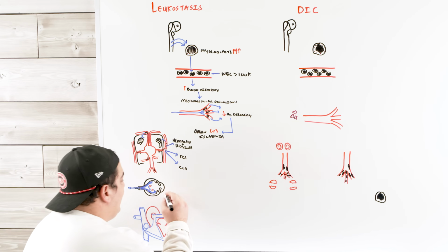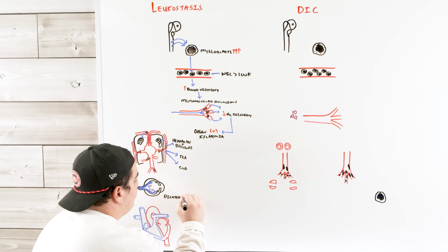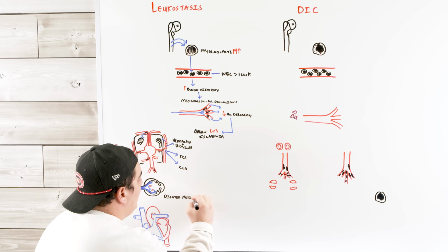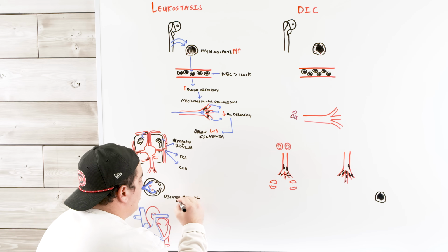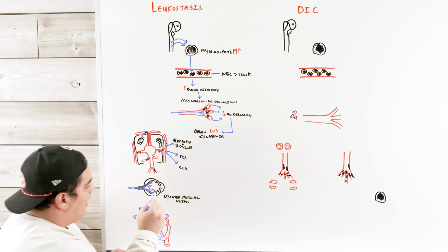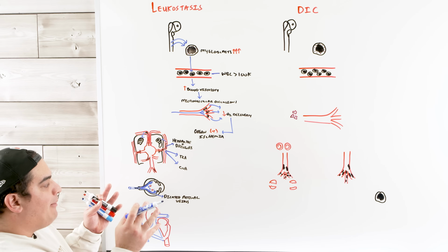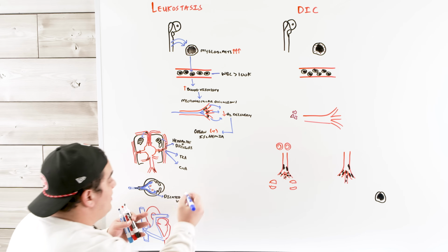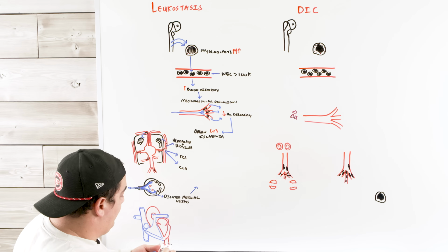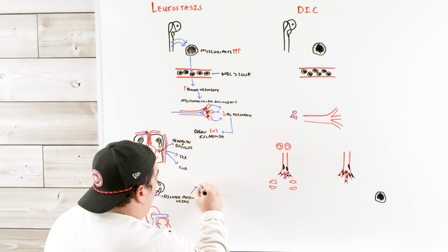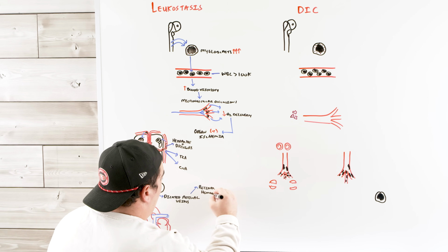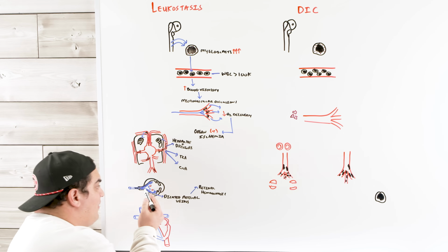If you get dilated retinal veins, the problem is that you cause a back pressure in the retina. And the issue with that back pressure is that it can cause hemorrhages to form within the retina. So sometimes this may cause what? It may cause retinal hemorrhages. Now, another thing that's really important to remember is that you have the optic disc.